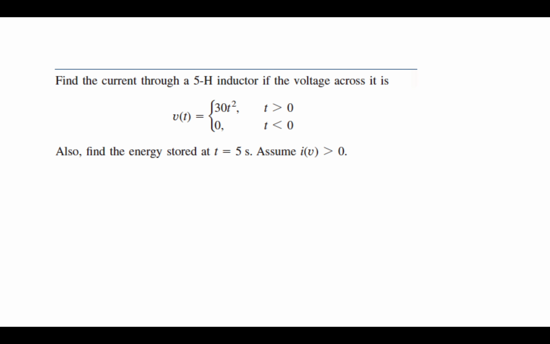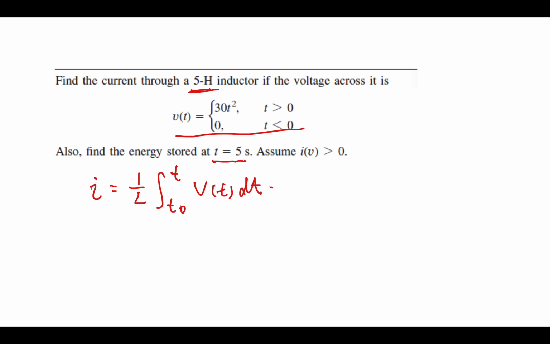The next example is to find the current through a 500 inductor if the voltage is this one, and also find the energy stored at t equals 5. So we can use the equation for i, and we plug in the numbers.